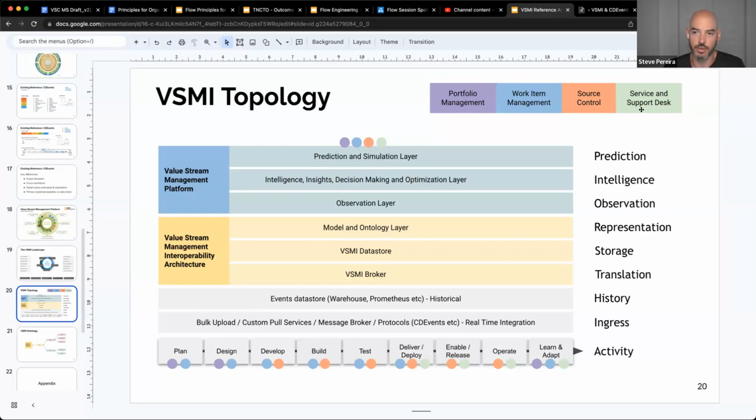I don't even think it's possible to have one tool do all this today, but there are large software vendors that are acquiring solutions in each of these areas and then aggregating them into value stream management, or what they call portfolio life cycle, or whatever they want to name it. But this doesn't actually exist yet.